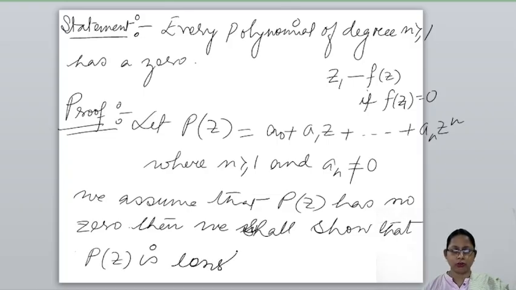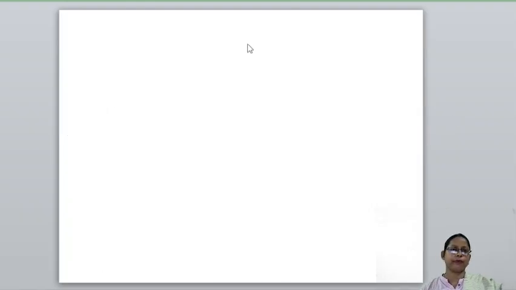If p(z) has no zero, then p(z) is constant.